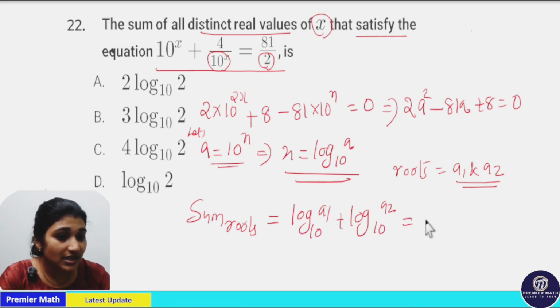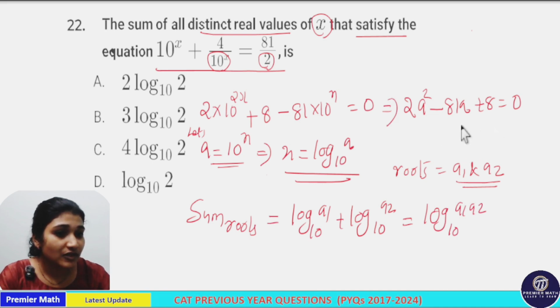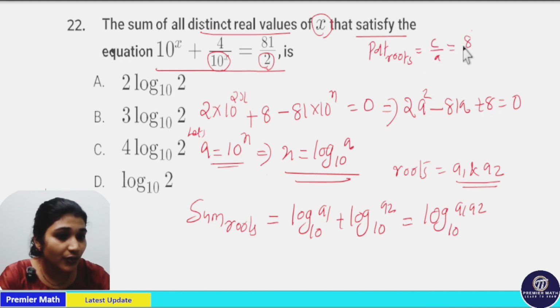Now the base is the same, so we can write log a1 a2 to the base 10 as the sum of roots. Now from this quadratic equation, the product of roots is equal to c by a. Here a is equal to 2 and c is equal to 8. 8 by 2 is the product of roots, which is equal to 4. 4 I can write as 2 square.